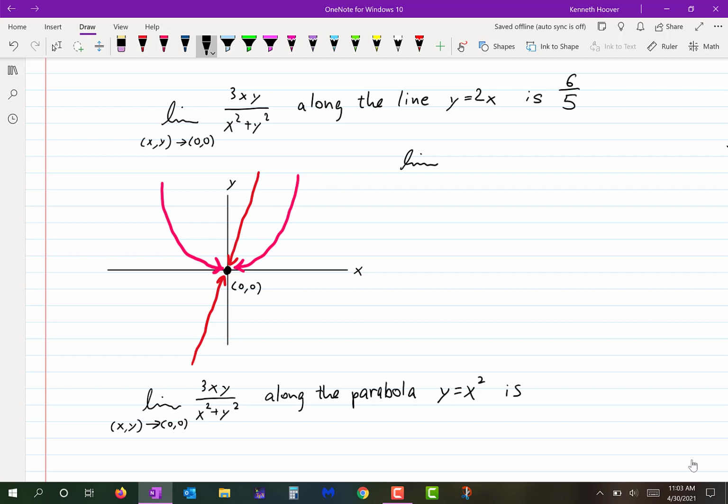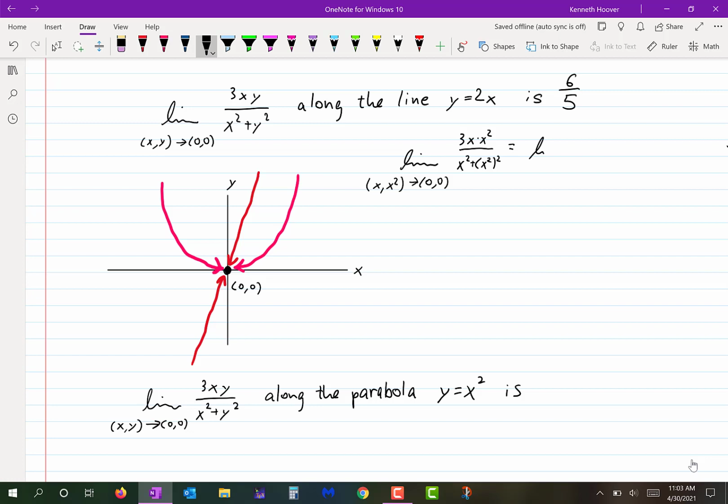So I'm going to write the limit as x y approaches the origin. And the function will then be 3x times x squared over x squared plus x squared squared.